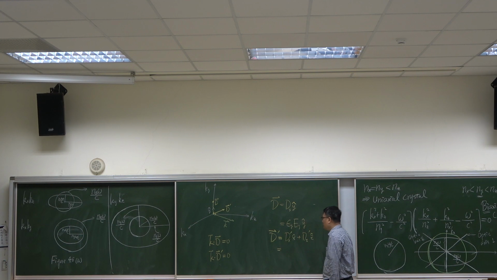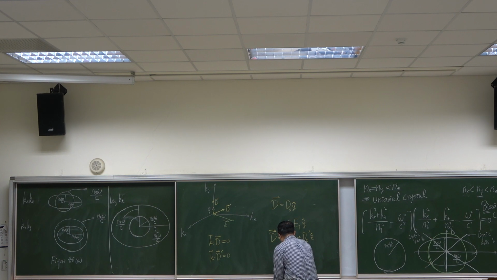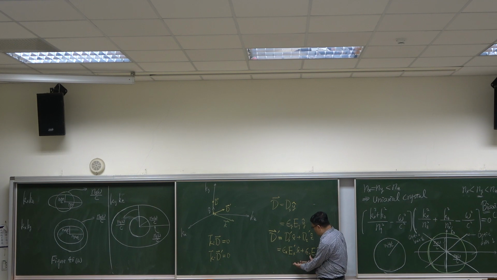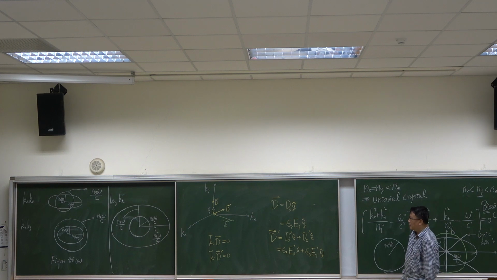since D is related to E by this relation, and along different directions of D, the two components of the E vector are related by different coefficients, epsilon x and epsilon z.